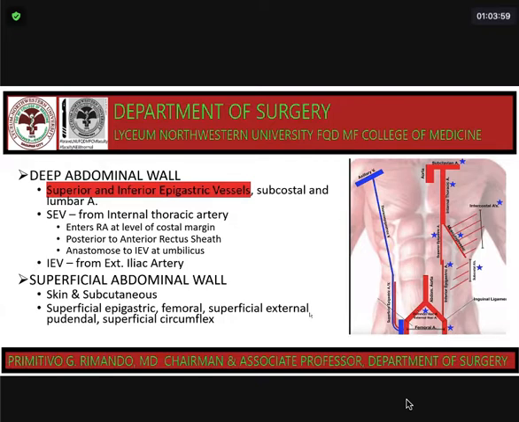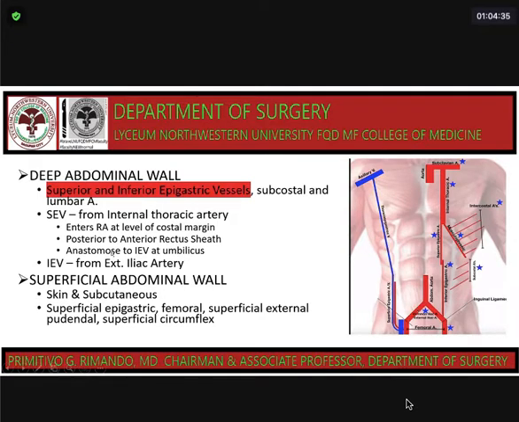Your inferior epigastric vessel is important in the discussion of inguinal hernias. This is the same blood vessel that we are talking about. Your inferior epigastric vessel will tell us if we are dealing with a direct hernia or an indirect hernia.